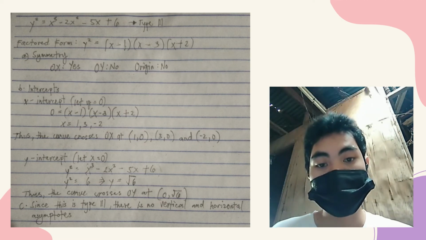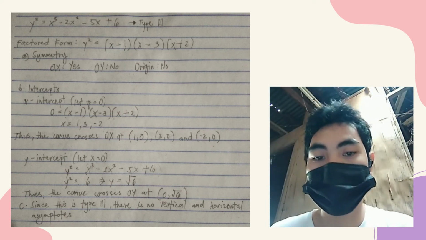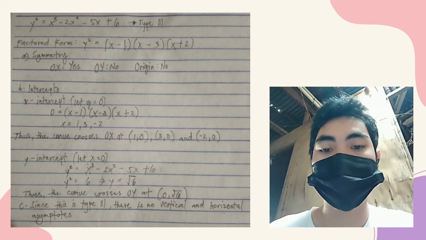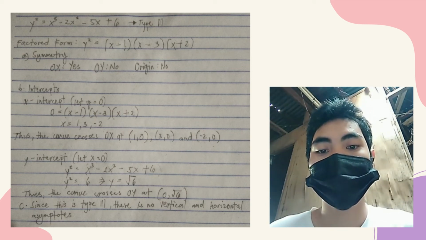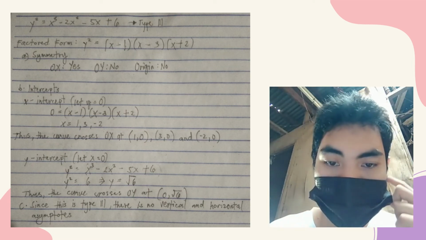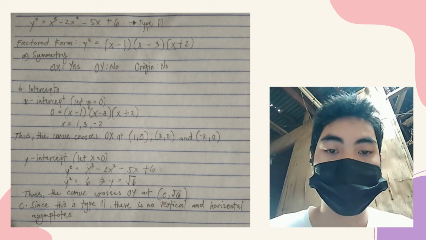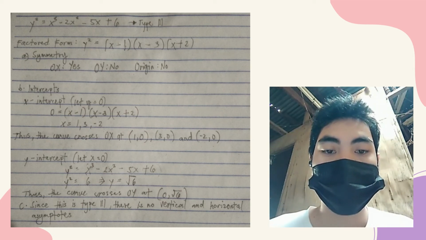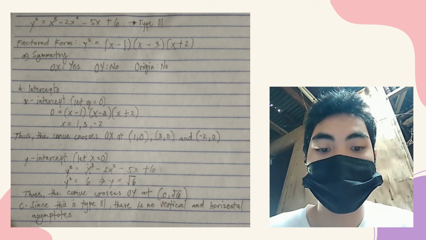To get the x-intercepts of this, we will be using the factored form and let y equal to 0. So, 0 is equal to the quantity of x minus 1 times the quantity of x minus 3 times the quantity of x plus 2.